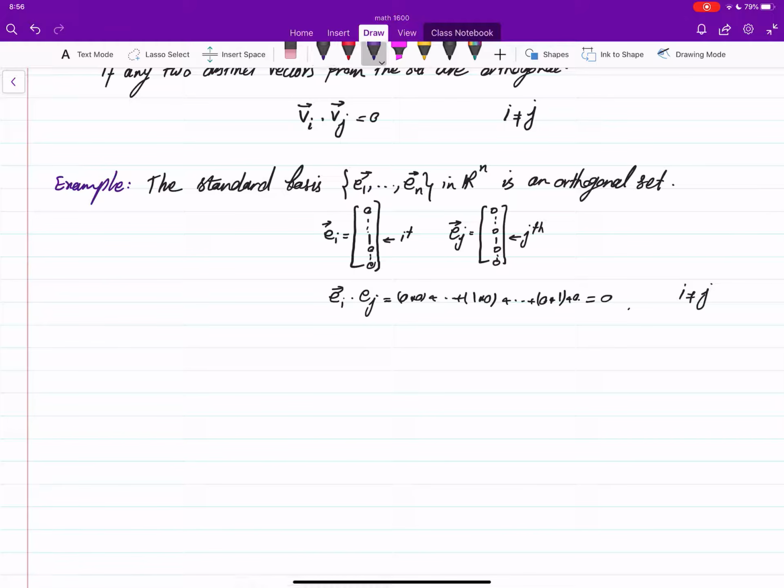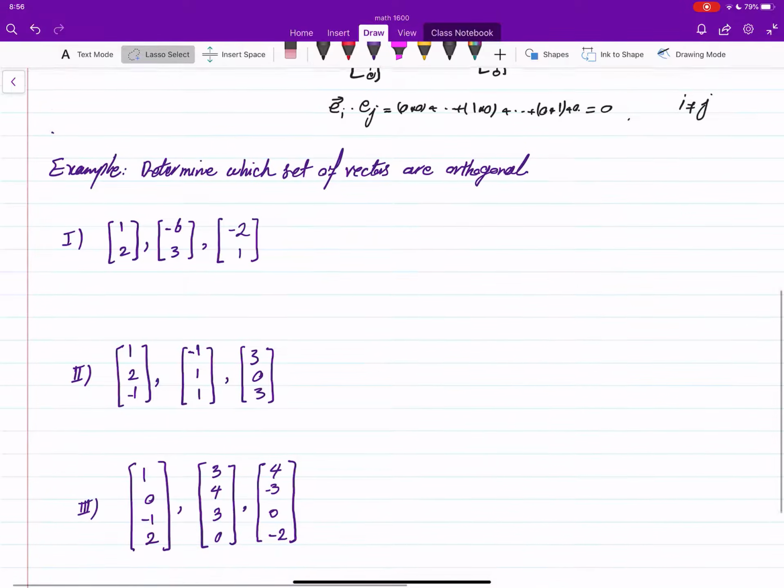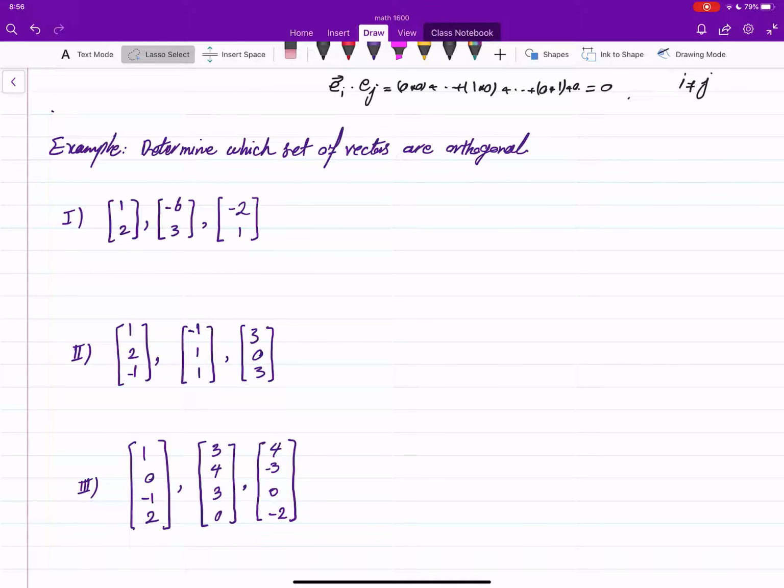To get used to this notion a bit more, we do some more examples here. Let's check these ones. Which of these sets are orthogonal sets? Let me call these v1, v2, and v3.